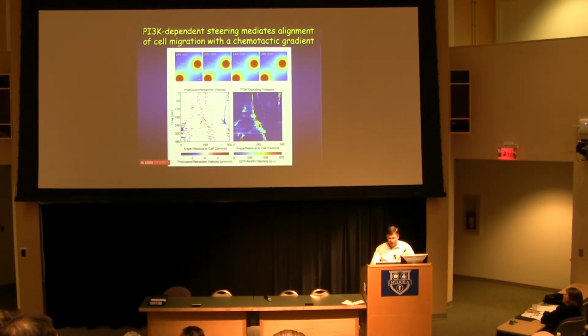This is showing the branch on the spatiotemporal map. The green dots are the position of the steepest gradient, and ultimately the branch that wins ends up being aligned almost perfectly with the steepest gradient.